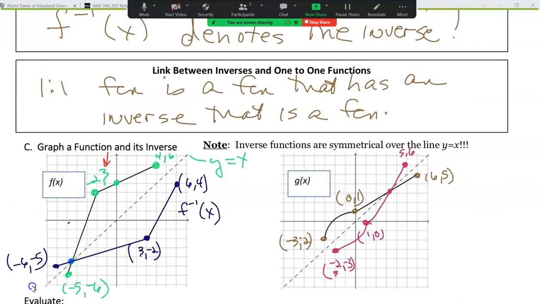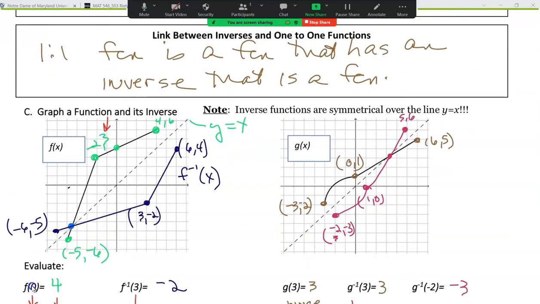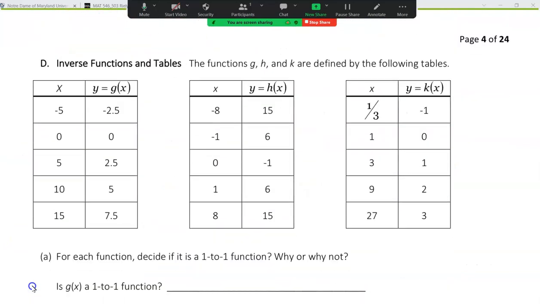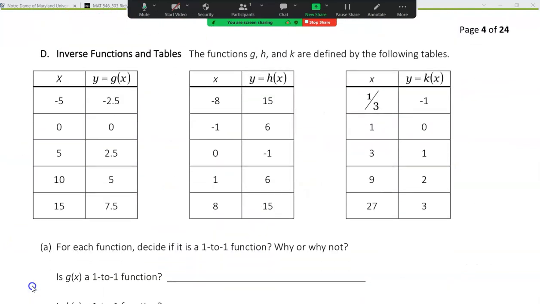Okay, so I'm going to have you graph these. So we have some strategies for graphing. Then we have these inverse tables. Okay, so the functions g, h, and k are defined by the following tables. So here is your g of x, your h of x, and your k of x. Here are all the values.